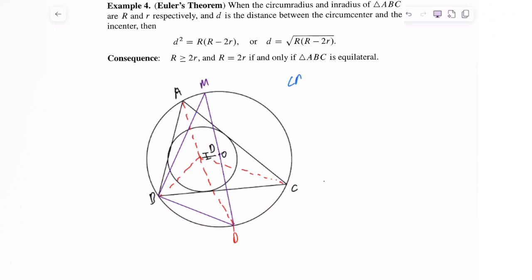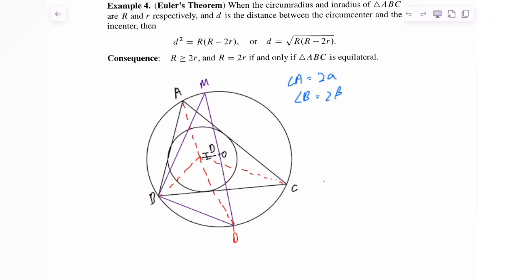So, angle A equals 2 alpha, and angle B equals 2 beta. So this is alpha, this is beta.